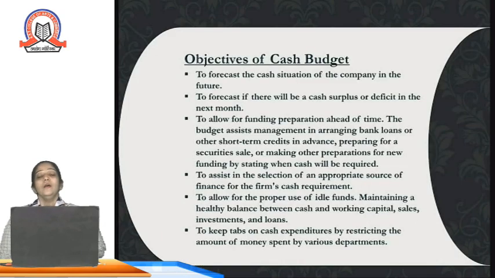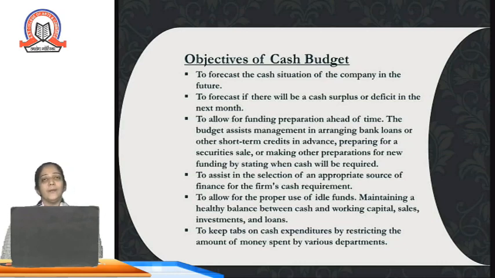Now, what are the basic objectives of the cash budget? It is very important to forecast the cash situation of the company in the future, to forecast if there will be a cash surplus or deficit in the next month.